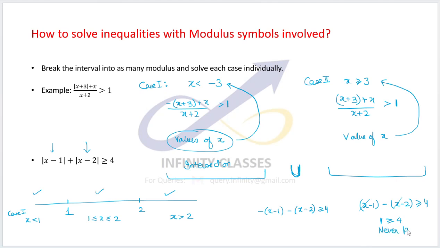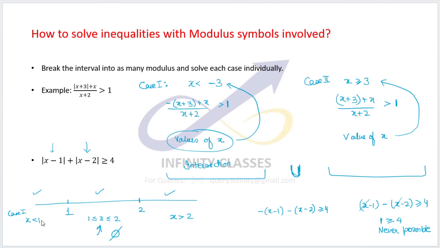So there are no values of x lying in this interval for which you will get a value satisfying this inequality. So there is no solution here, phi. There is no solution in this interval.